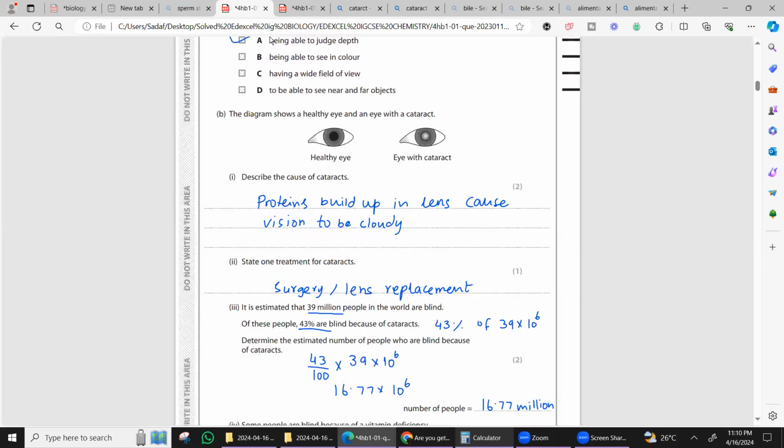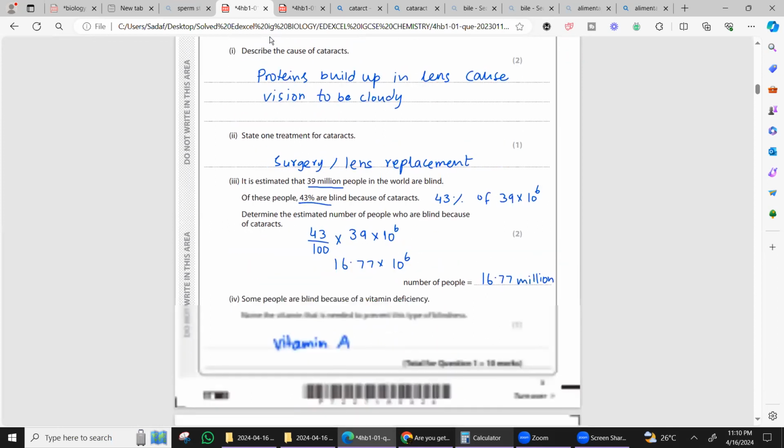The reason is proteins build up in the lens and they cause the vision to be blurry or cloudy. State 1 treatment of cataract. It can be corrected by surgery only, or lens replacement.